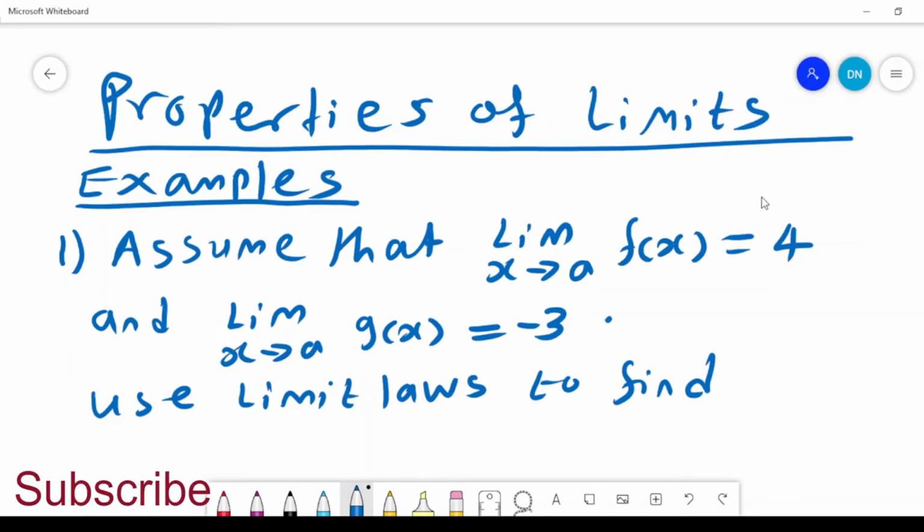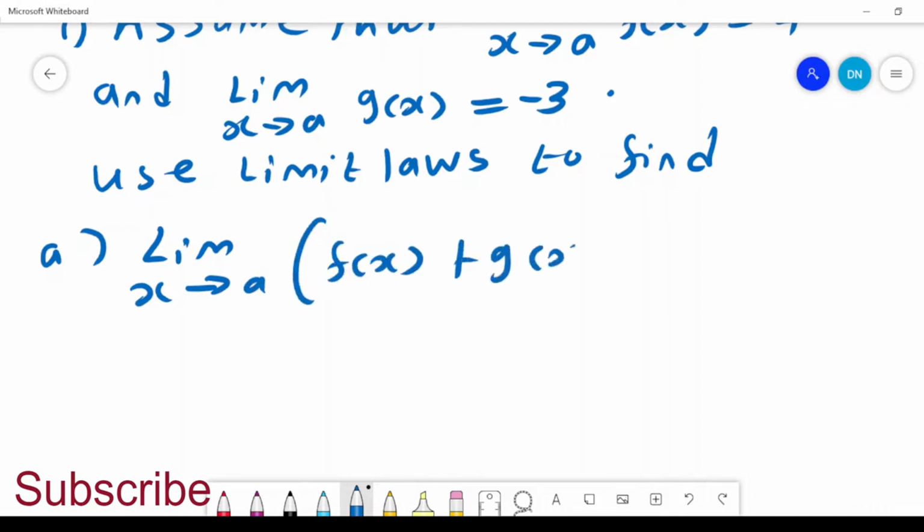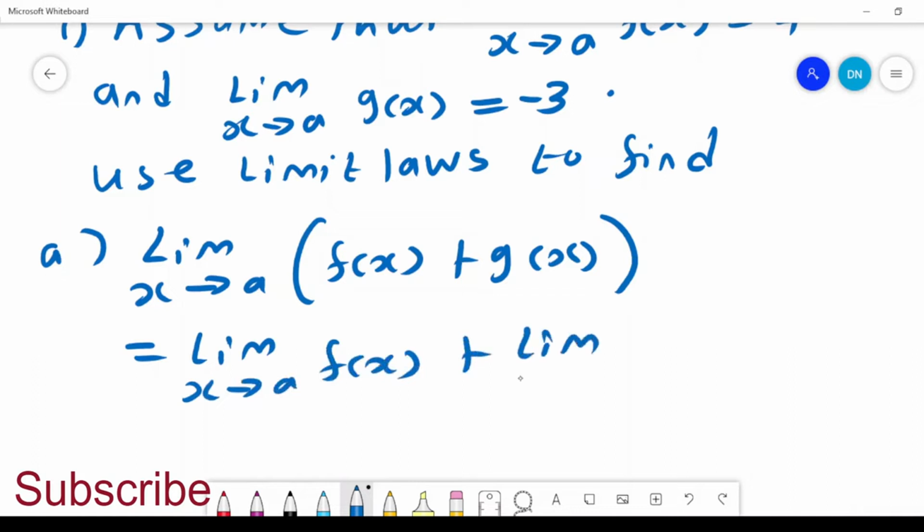Properties of limits, and we want to look at some examples. Assume that limit as x tends to a of f of x is equal to 4, and limit as x tends to a of g of x is equal to negative 3. For example, if we have been given limit as x tends to a of f of x plus g of x, according to the properties of limits, this is limit as x tends to a of f of x plus limit as x tends to a of g of x.